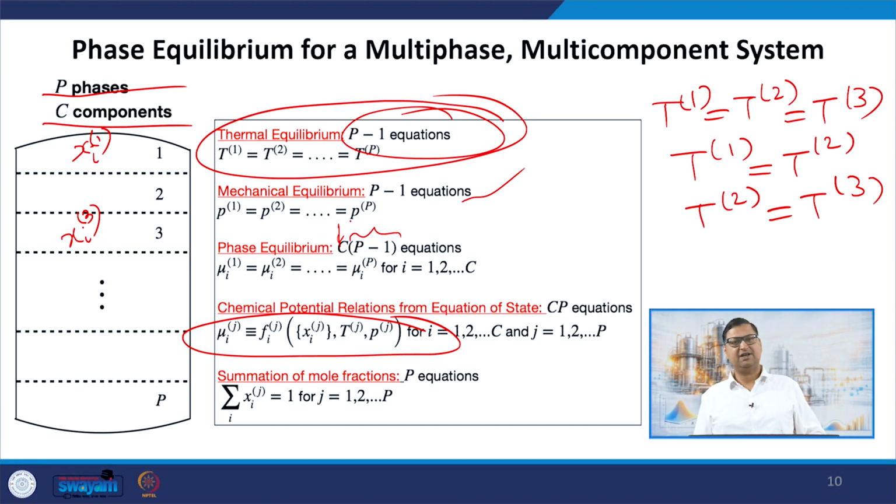So, C into P minus 1 equations, and we have total C into P definitions of chemical potential, right, C components in each phase. So, CP chemical potentials in total, and finally, we have the condition of summation of mole fraction in each of the phases, right. So, we have one equation for each phase. So, in total we have P equations.